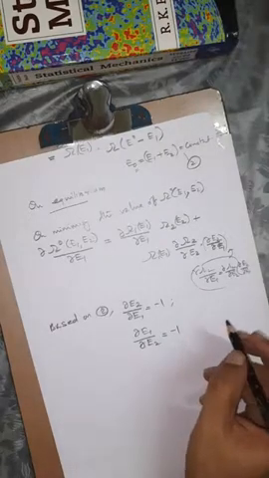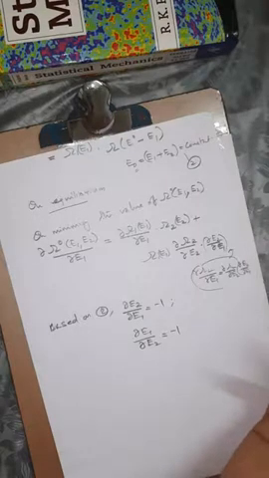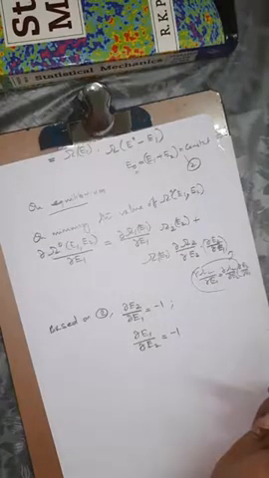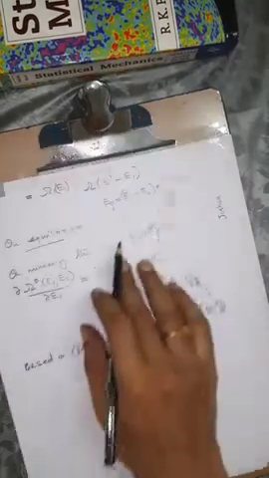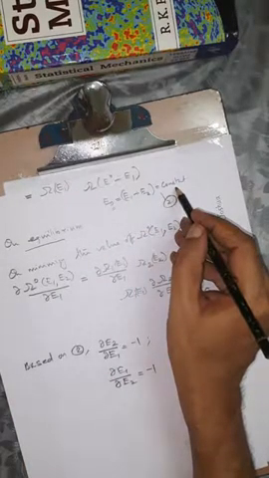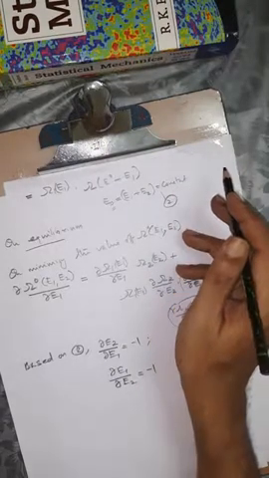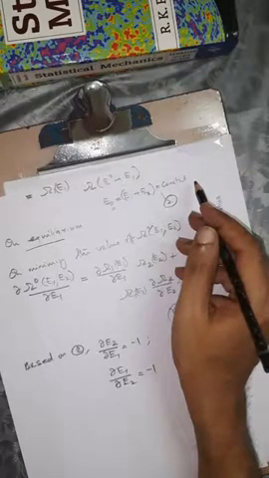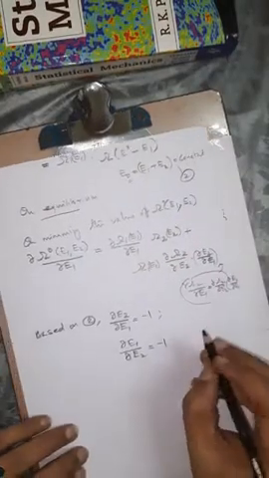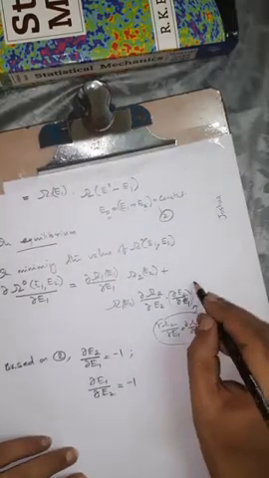Why? Because my dou E0 by dou E1 is going to be 0. Since E1 plus E2 is a constant, therefore dou E2 by dou E1 is equal to minus 1, and dou E1 by dou E2 is equal to minus 1. Therefore we substitute that into equation 3, which is this equation.